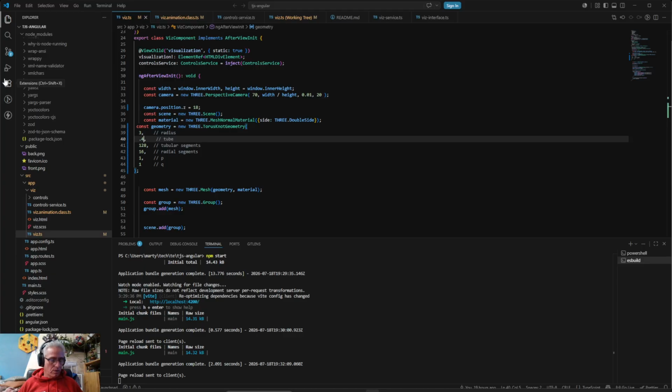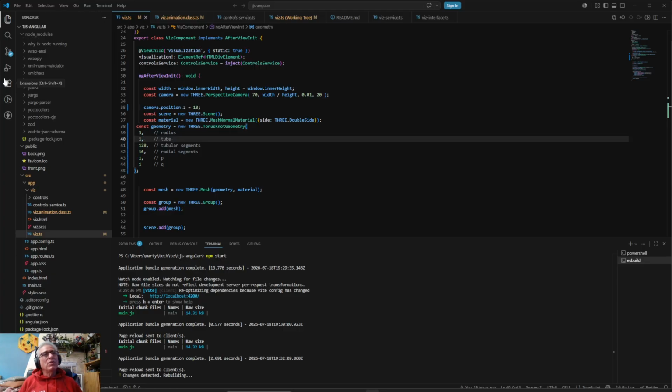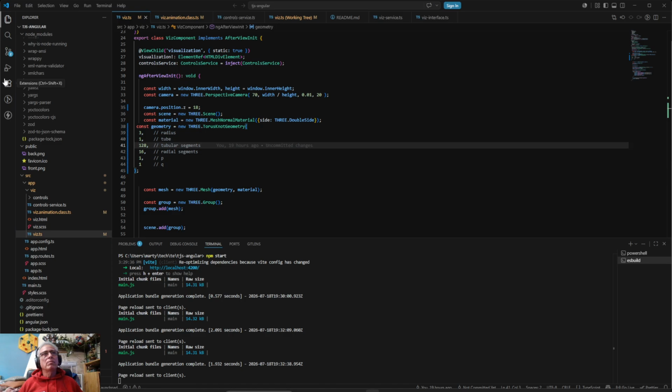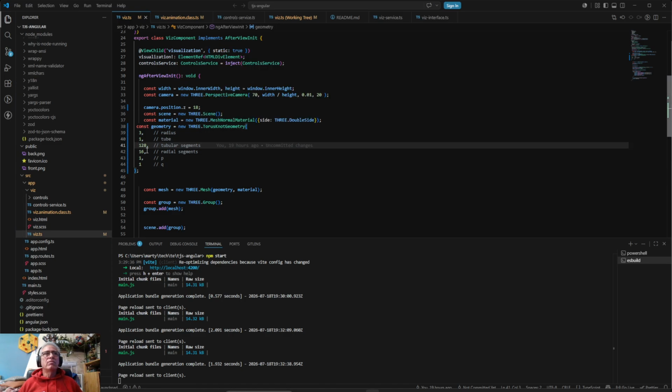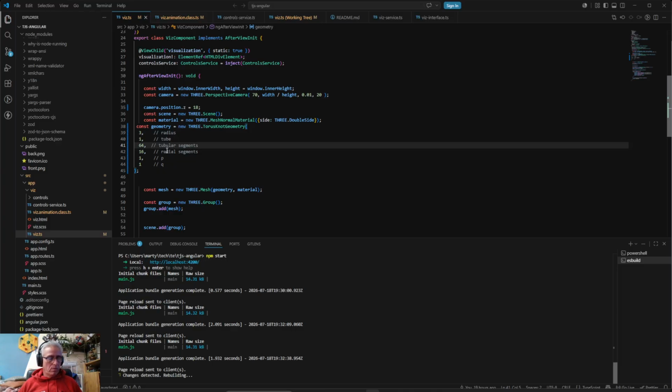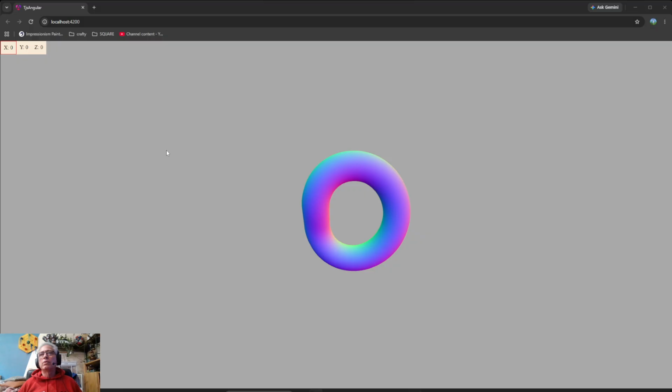At least I think I liked the one better. And then I have 128 tubular segments. What is the default on that one? 64. Let's drop that to 64. Hit save. So we should be able to see the three and one. And then it takes a minute to rebuild.